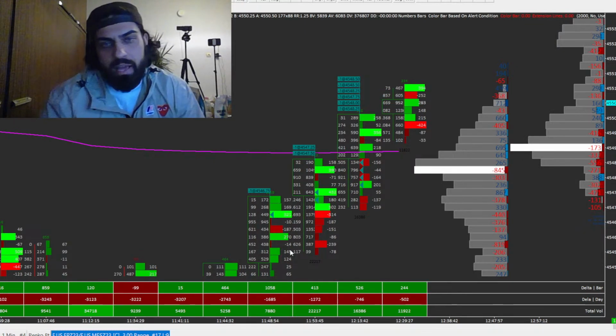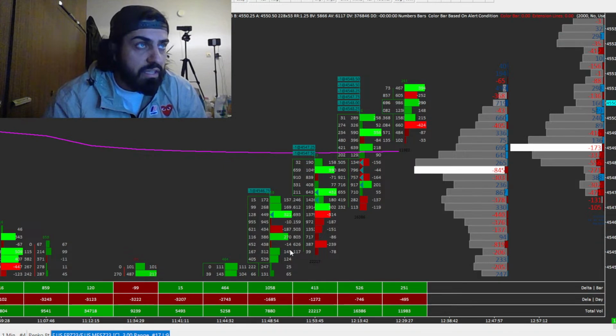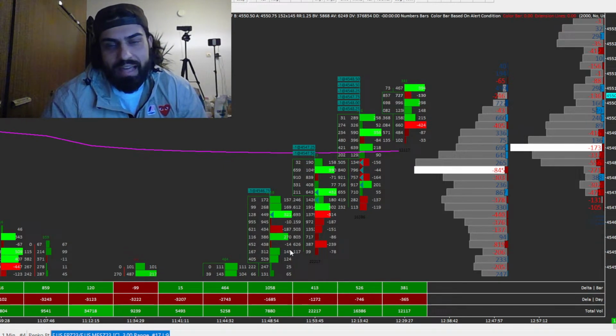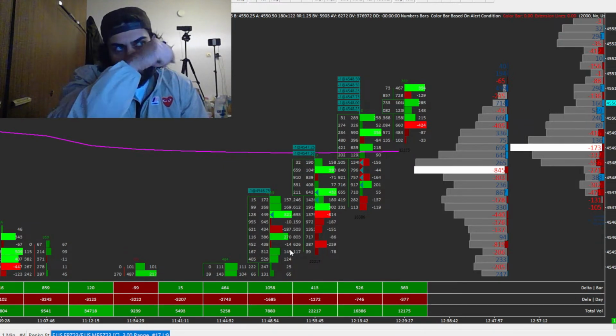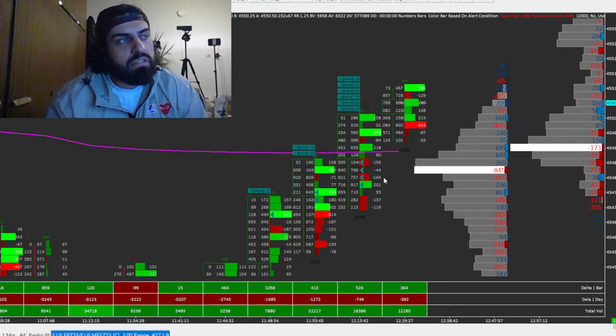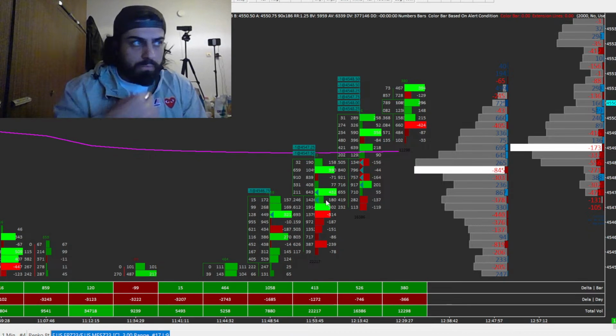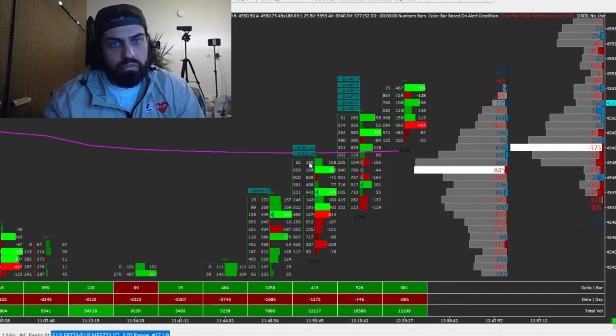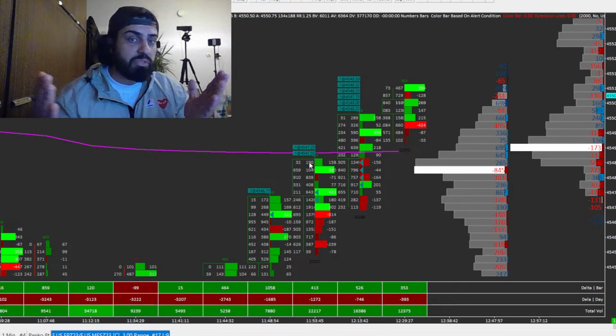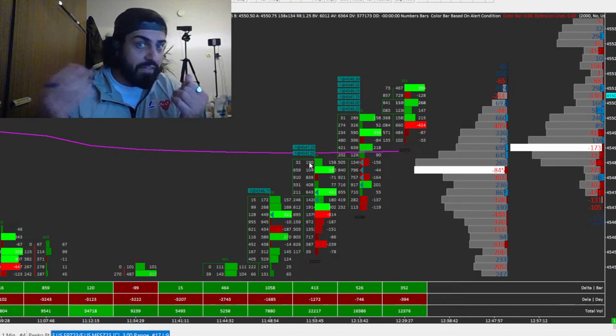Now, it doesn't necessarily matter. It could be a 5-minute. It could be a Renko. It's not that important. But what's important is understanding how the delta actually shapes up on these candles. So green candles that are associated with larger green delta, suggesting that market buyers minus market sellers are that much heavier.